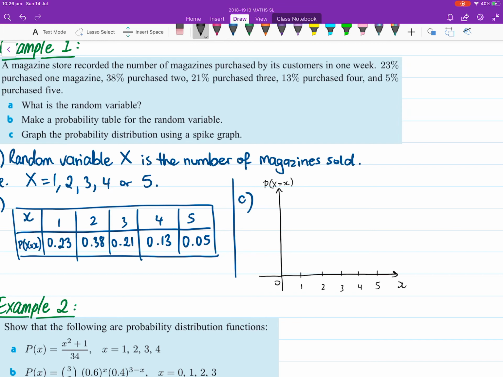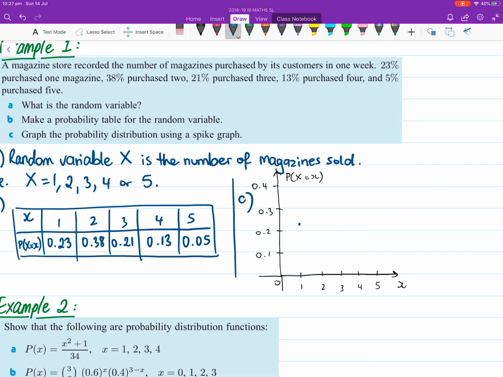So I might rub this bit out, make it a little bit taller. So I might make that, I reckon, 0.1, 0.2, 0.3, 0.4. I'll put here P(X) equals x.